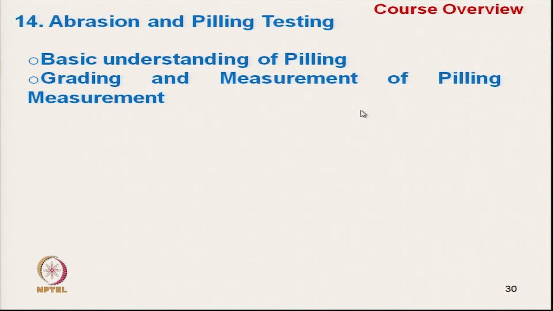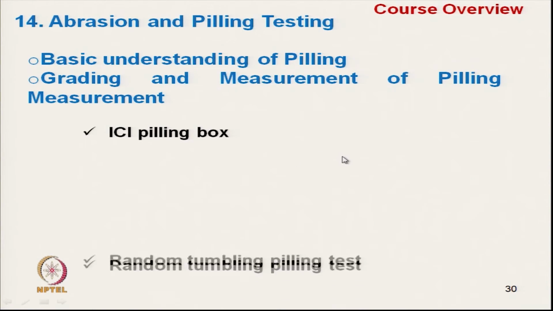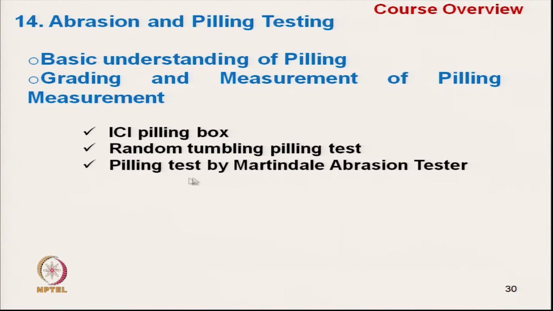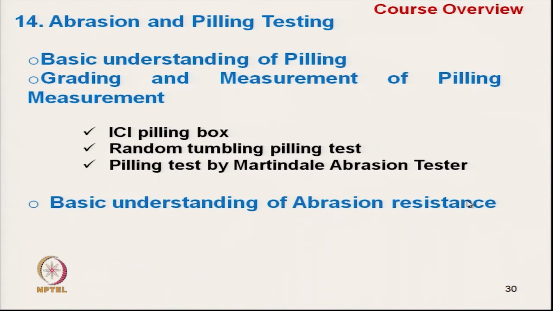So, how to grade the pilling, that we will discuss, and the ICI pilling box is there, random tumble pilling testing is there, then pilling test by Martindale abrasion tester, this we will discuss, and basic understanding of abrasion.